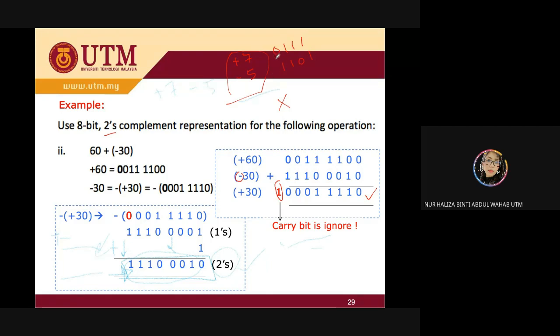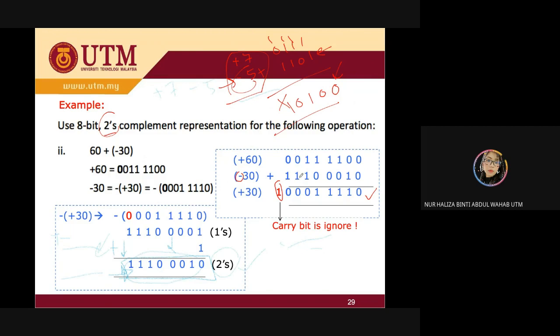This is negative 5, this is positive 7. When you add, you get a totally different answer just because your method is wrong. You cannot apply the sign magnitude for negative, then you will get error. That's why you need to learn second complement for the addition.